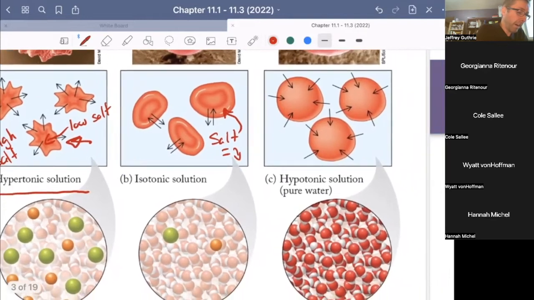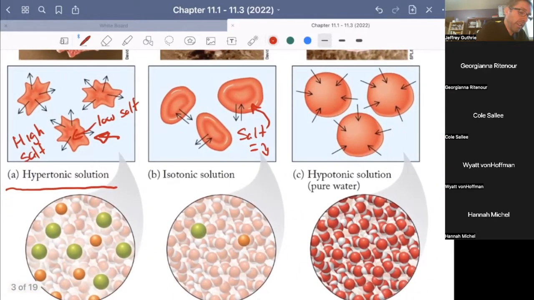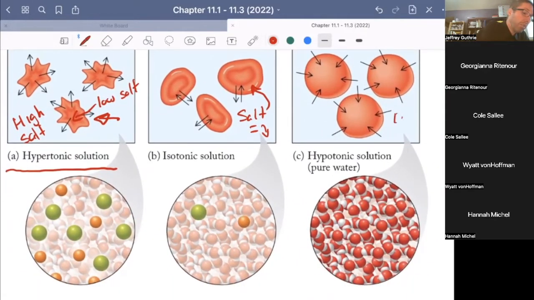And then if we have a hypotonic solution, we would have low salt outside, and inside, high salt concentration. So again, we're looking at where water flows. If we have high salt concentration inside the cell compared to what's outside the cell, then the water is going to want to move into the red blood cell and try to dilute the salt concentration so it's equal both on the inside and the outside.